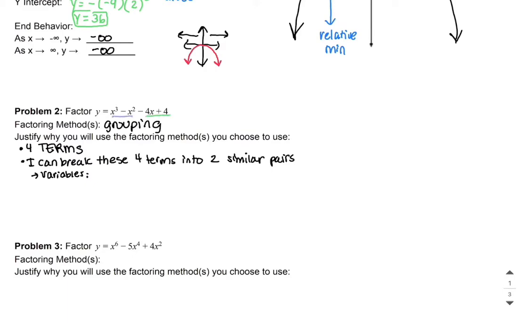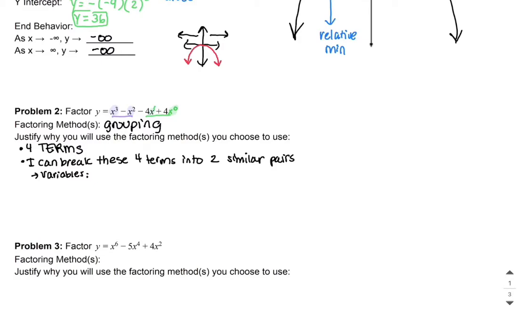The variables of the first pair are x cubed and x squared. And the variables of the second pair are x, well, that's really x to the first power, and I have x to the 0th power here. And how do those pairs compare to each other?